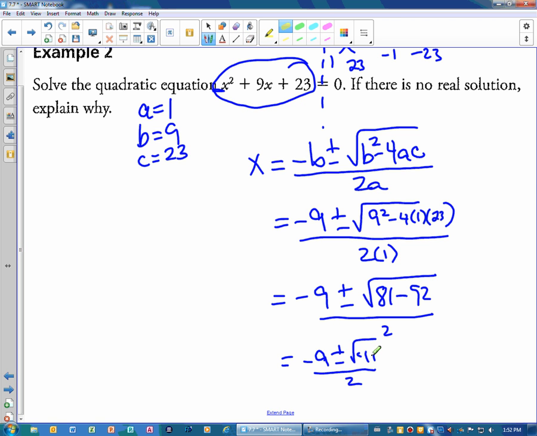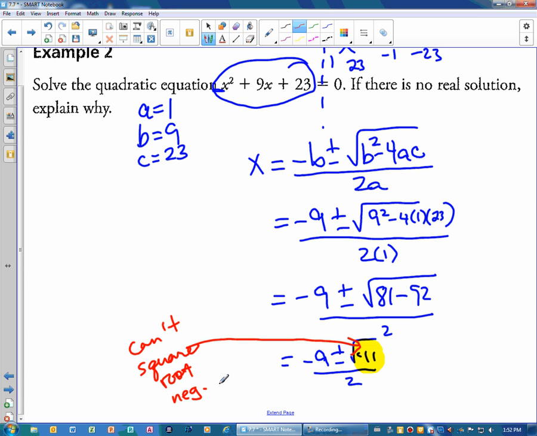The problem is I have a negative number inside my radicand. Okay, you can't take the square root of a negative number. Nothing times itself makes a negative number.